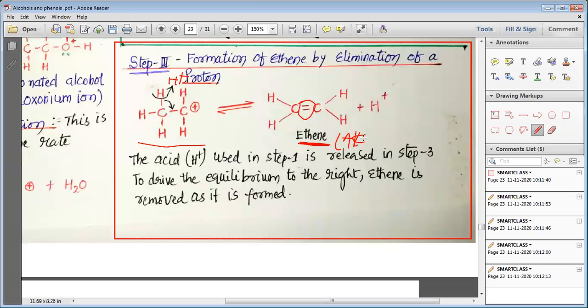This is also known as ethene because it has two carbons. We name it ethene, but this is the alkene that we get as a product, and this H plus is removed.